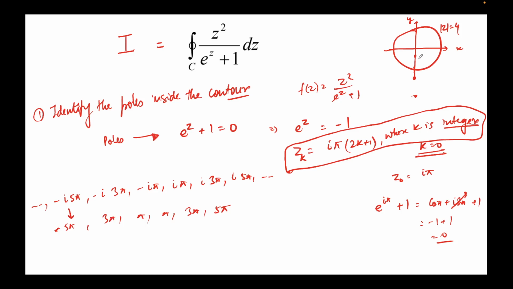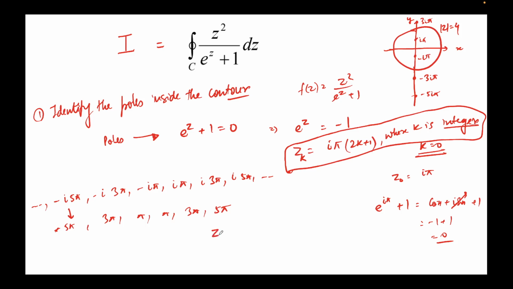So this will be minus iota pi, minus 3 iota pi, minus 5 iota pi, and on the positive side iota pi, 3 iota pi. We can clearly see that there are infinite poles for this function f(z), but we are interested only in the poles inside the contour. So we are only interested in two poles.